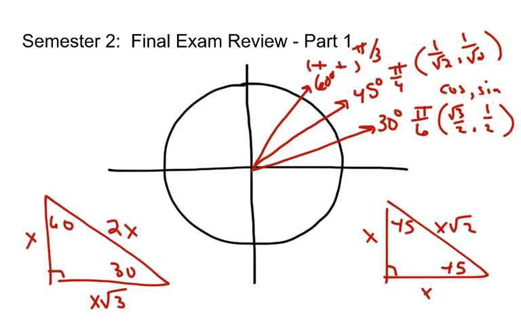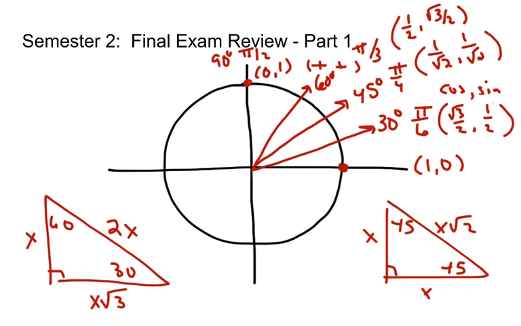So for 60 degrees, the cosine is 1/2, and the sine is square root of 3 over 2. And then at 0 degrees, which is 0 radians, it's 1 for the cosine and 0 for the sine. And at 90 degrees, which is pi over 2 radians, it was 0 for cosine and 1 for sine.